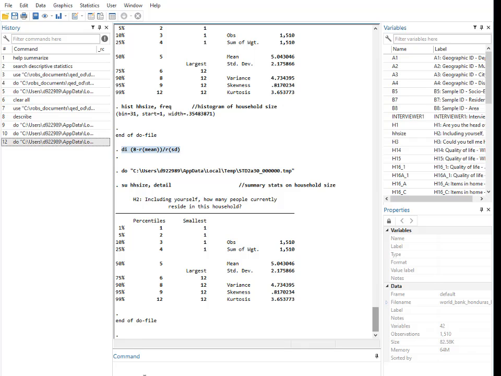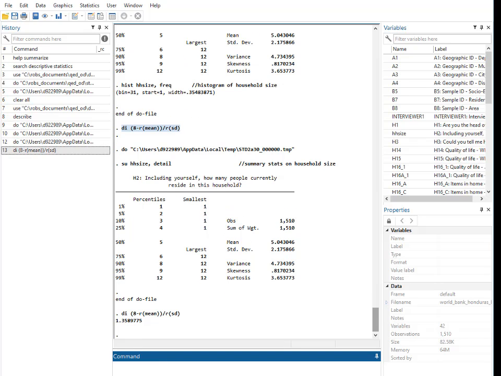I managed to lose that from the history. Yeah, so this time it's come out as 1.35. So that's my z number, 1.3589775. So I can grab that. It didn't work the first time because I'd done another command. The problem with the r results is that once you do another command, it rubs them out.